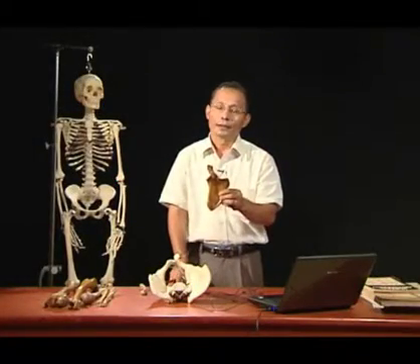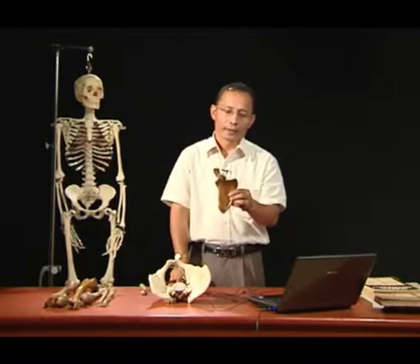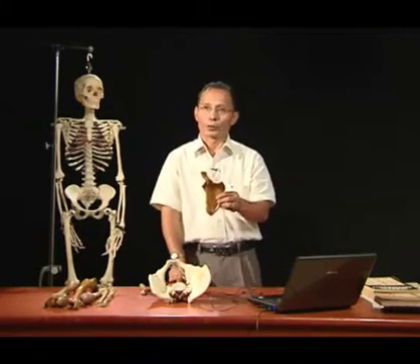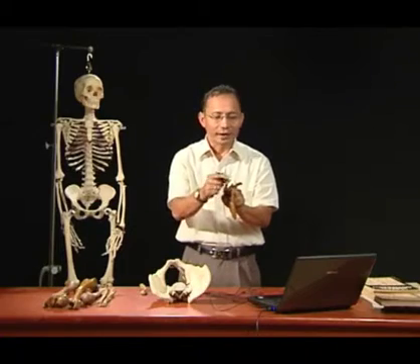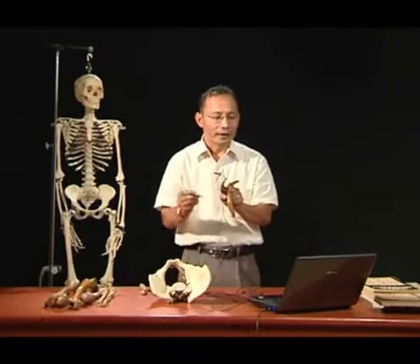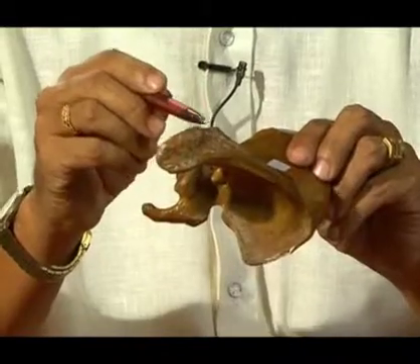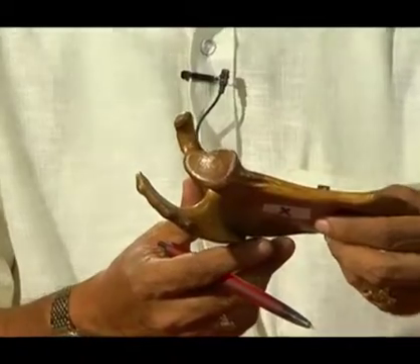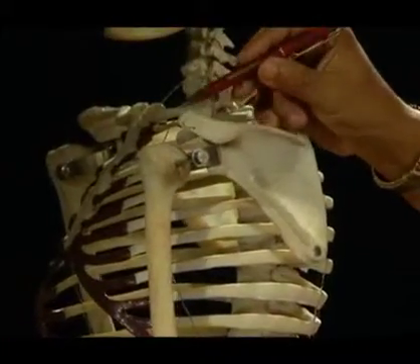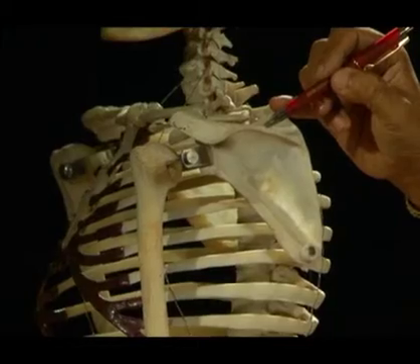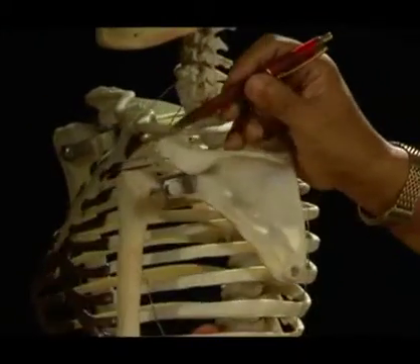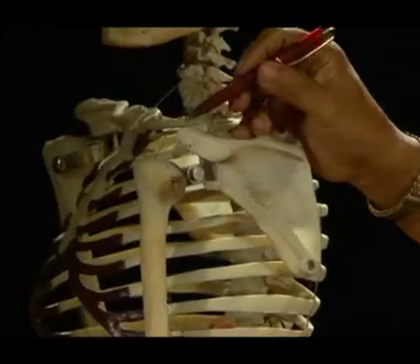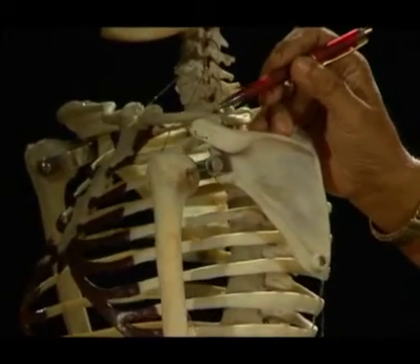Now, processes of the scapula. It has 3 processes. One is spine. Spine is a process, and the terminal part of the spine is called projection. This projection is called acromion process. This is acromion process, and this is acromion end of clavicle.